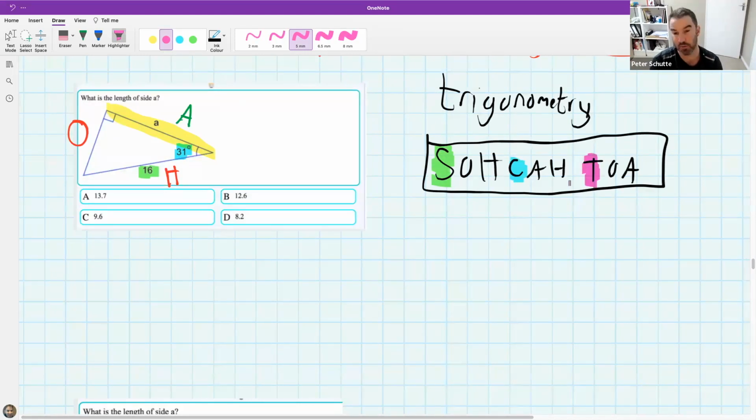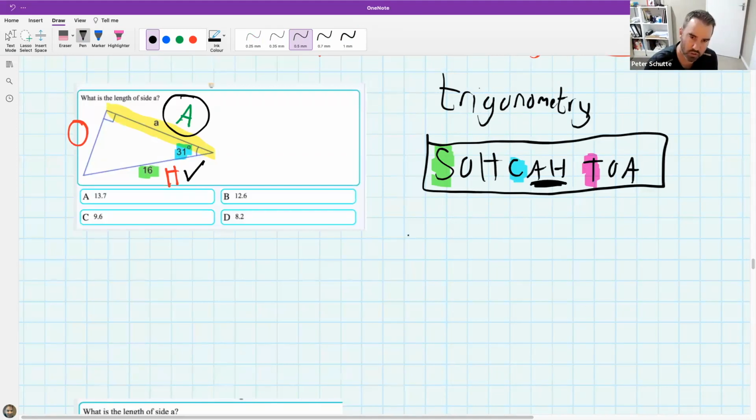And at the moment, I haven't said much about this. I'm kind of relying on grade 10, but I'm just curious to know, what would you look at? Well, you want this side and you know this side. So the two sides that are important to you are A and H.